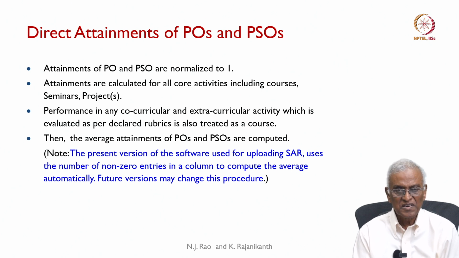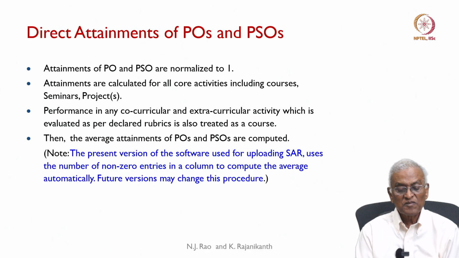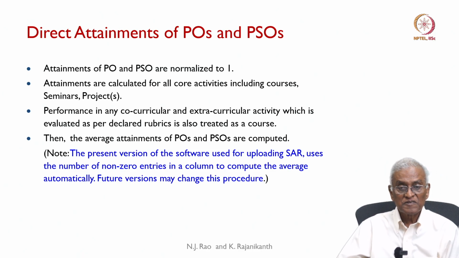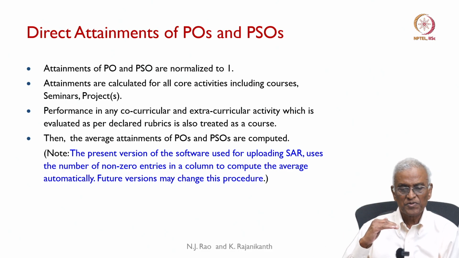Yes, you cannot call it a course, but for calculation you treat it as a course. Then the average attainments of POs and PSOs are computed. Okay, how do I compute the average? We compute by the total number of courses or activities that we are computing.